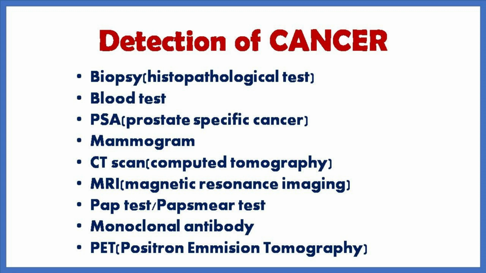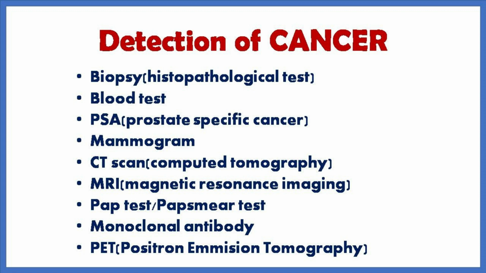Then the fifth one is CT scan. CT means computerized tomography. With the help of some ionizing radiation and a computer, we can take a 3D image of the particular organ and tumor and detect the cancer. Then the MRI.